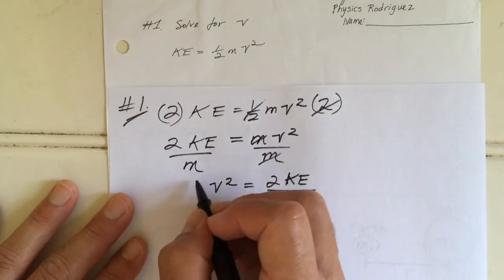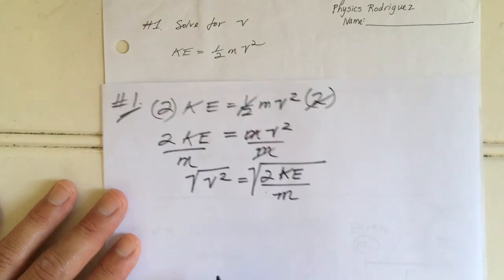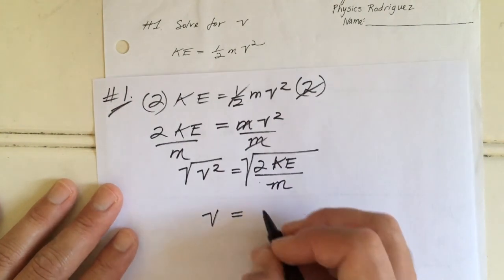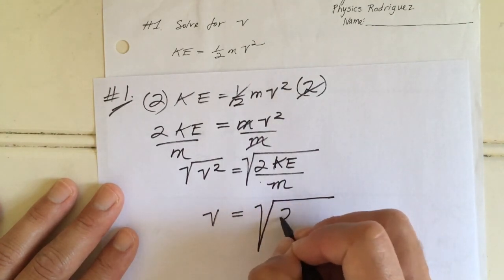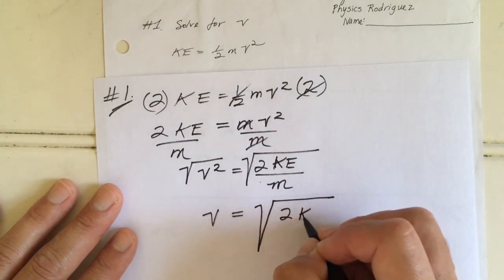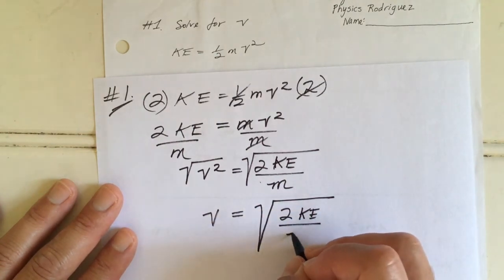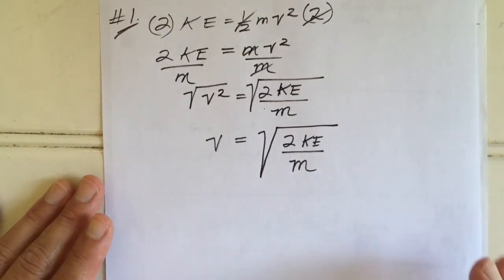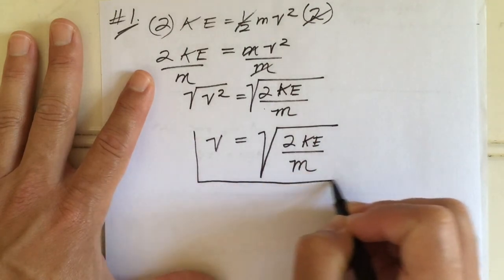So we're going to square root both sides. So when we do that, we're going to square root v squared, and we'll get v is equal to the square root of 2 Ke over m. All right, pretty good. So that's it. Hopefully there's no questions there.